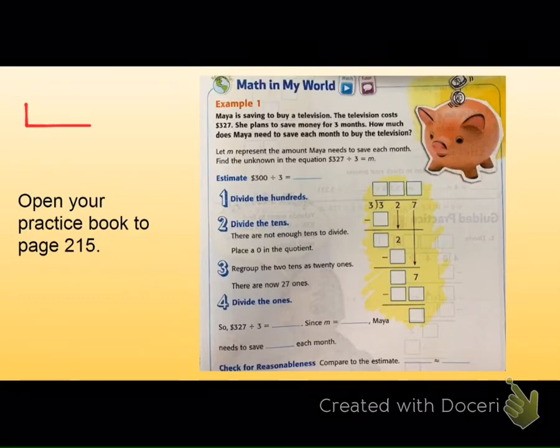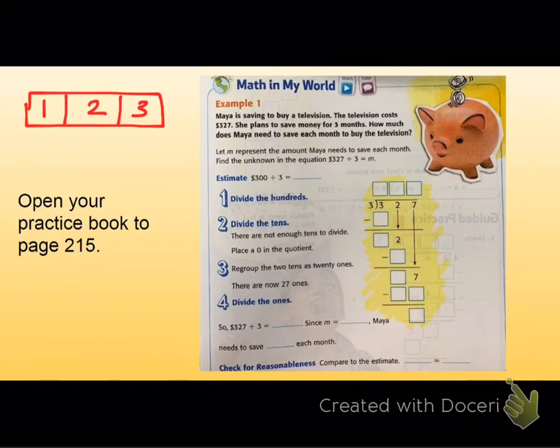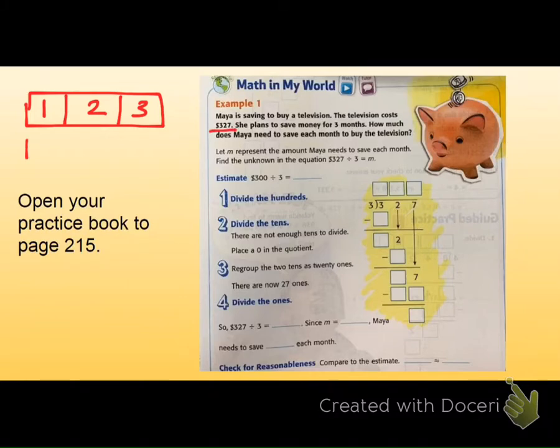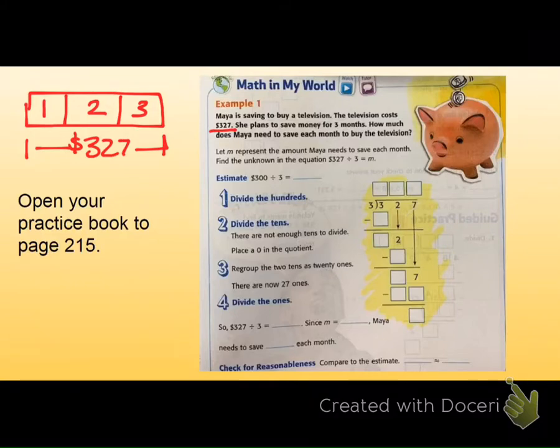Again, another good example of a tape diagram. So she is going to save for 3 months. 1, 2, 3. How much is she going to save? It's going to be $327 this whole time frame. We need to take this time frame, this 327, and divide it by 3, right?